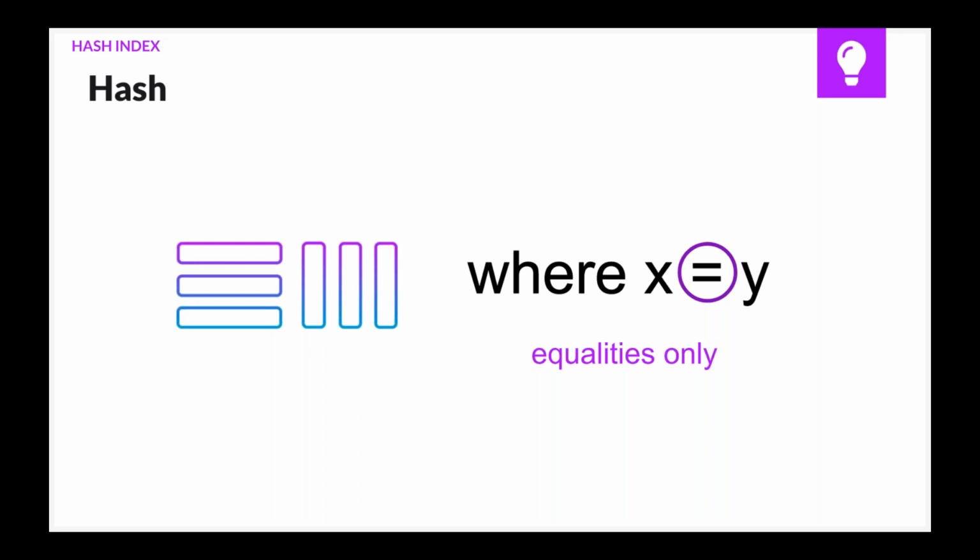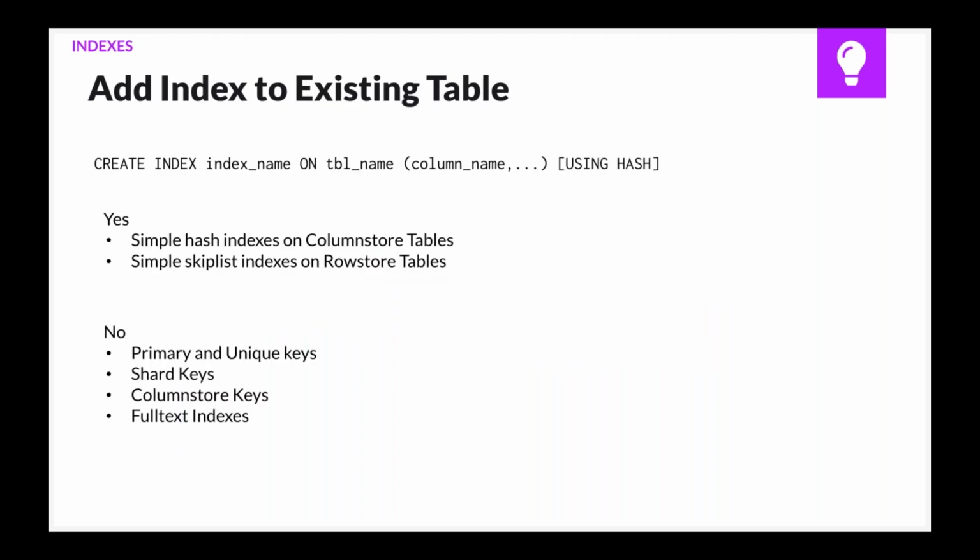And some of those common locations to apply these skip lists or hash indexes include existing tables. If you already have a table in memory or on disk, you can add an index to that existing table. There's the DDL command to create index, where you can add that index on the table using hash as an operator.